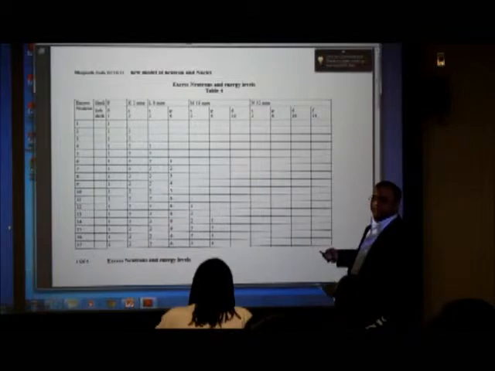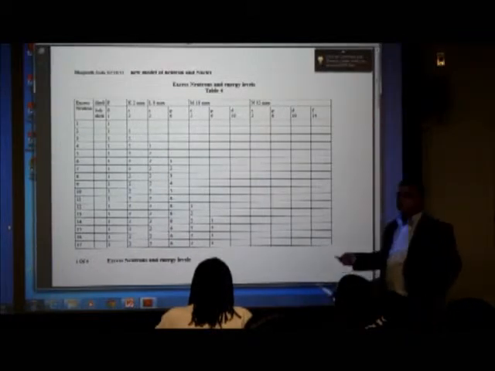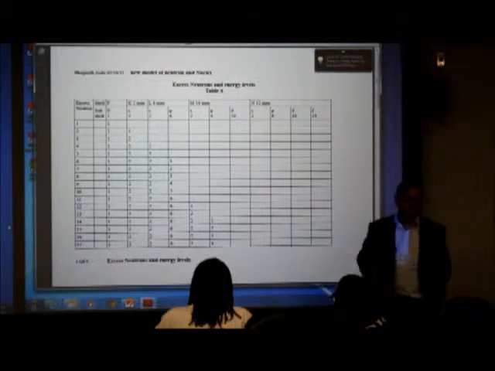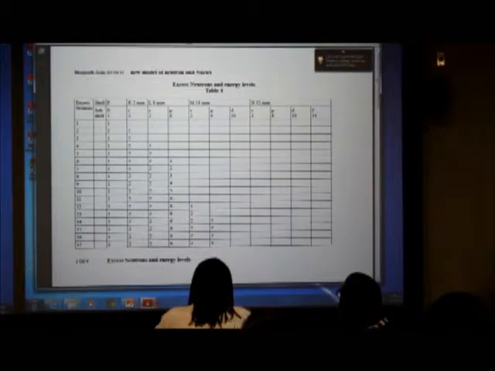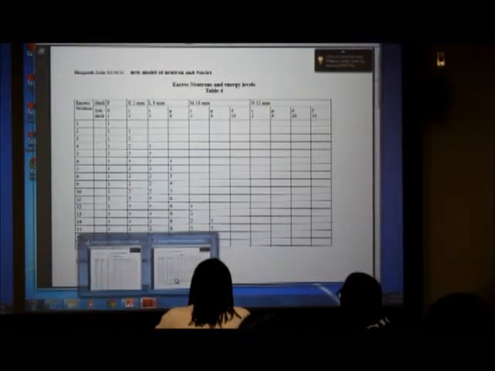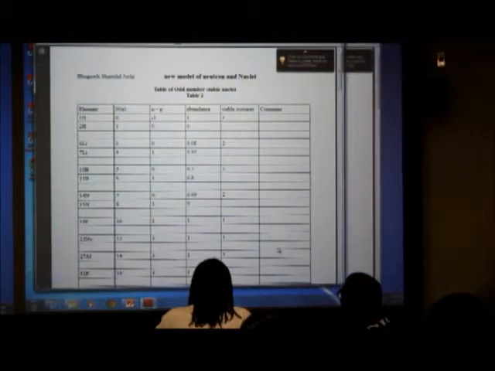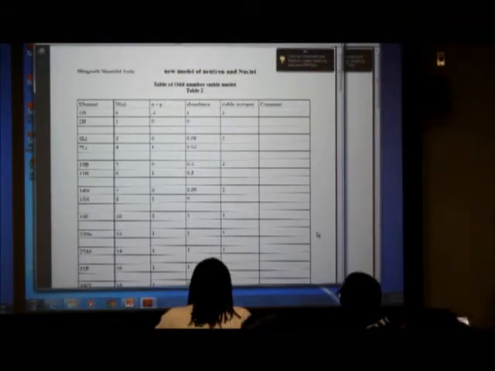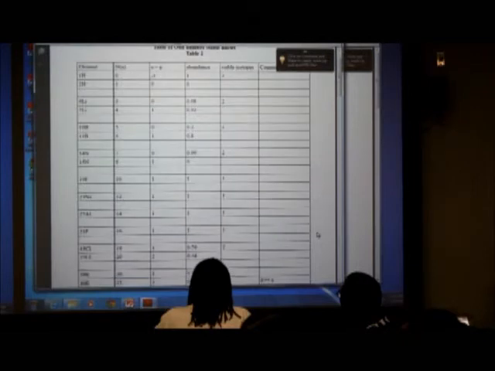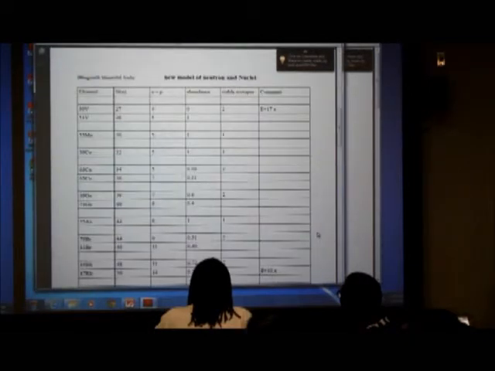Okay. So in case of an odd number, say this is bromine.